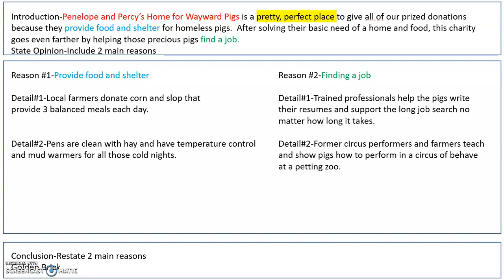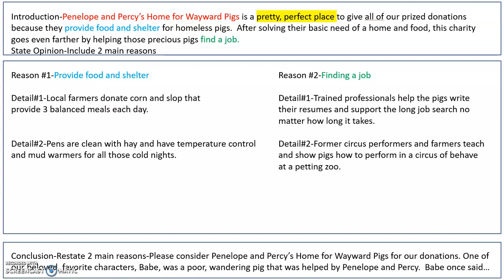So I have my reasons, and if you'll notice, I went ahead on my form and wrote complete sentences because now all I'm going to have to do is basically take my page 4 and transfer it straight over to this letter, and you're going to see how easy that is. All right, and so then I ended it with restating of my introduction, okay? And then I put my golden brick in my closing. So let's see how this all works out.